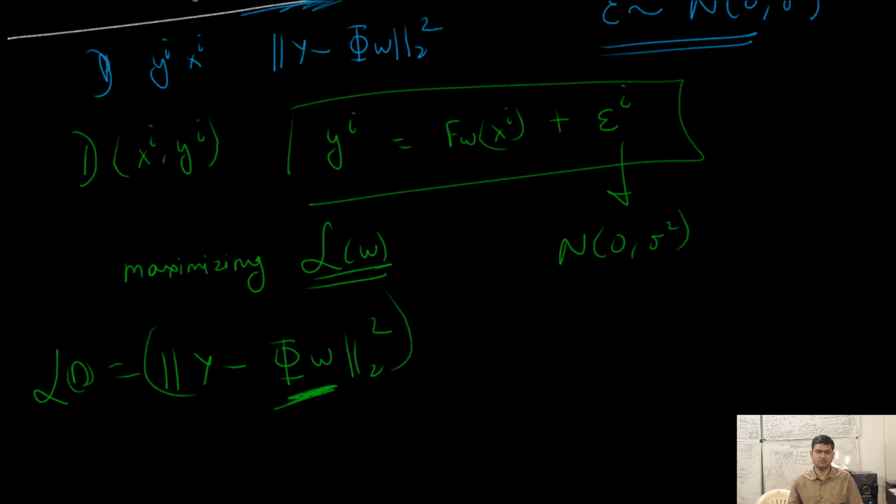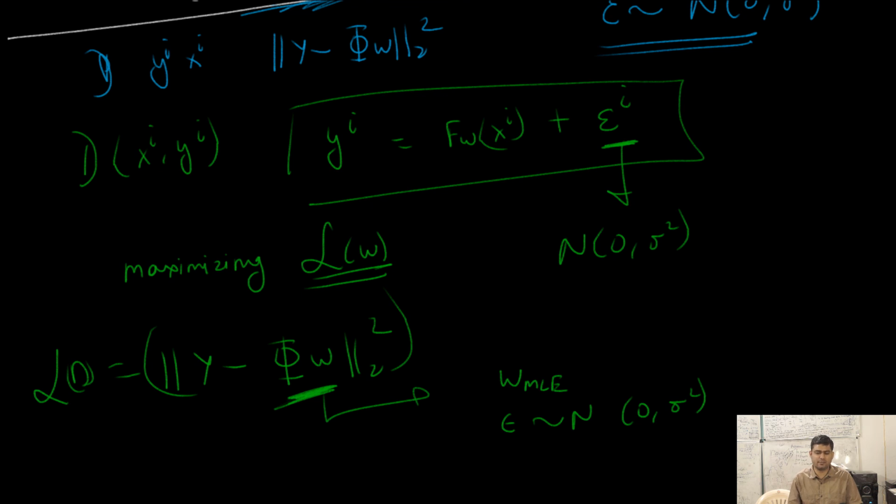The solution we obtain here is the maximum likelihood estimate, by assuming that the noises have a normal distribution and we assume a linear mapping function.